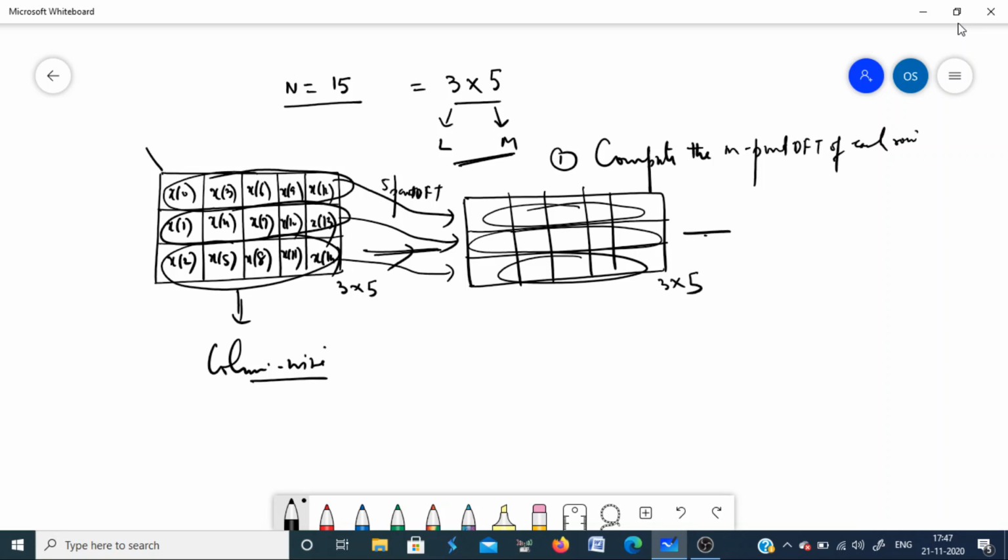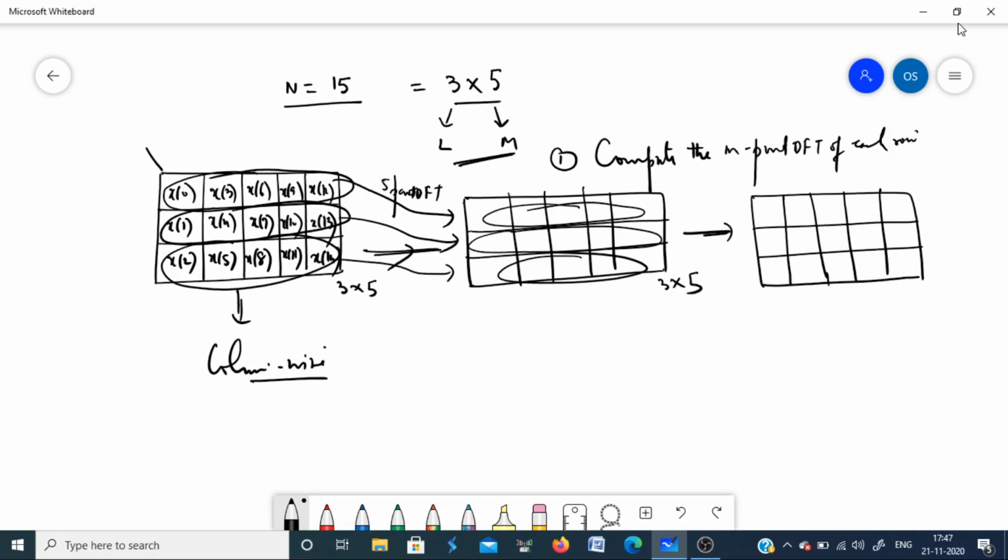After this, we multiply each element of this matrix with a phase factor. That was W_N to the power lq. So you again have a 3 cross 5 matrix. Okay, so this matrix will be mapped here, this element multiplied with W_N to the power lq. So each element of this matrix will be multiplied with this phase factor.